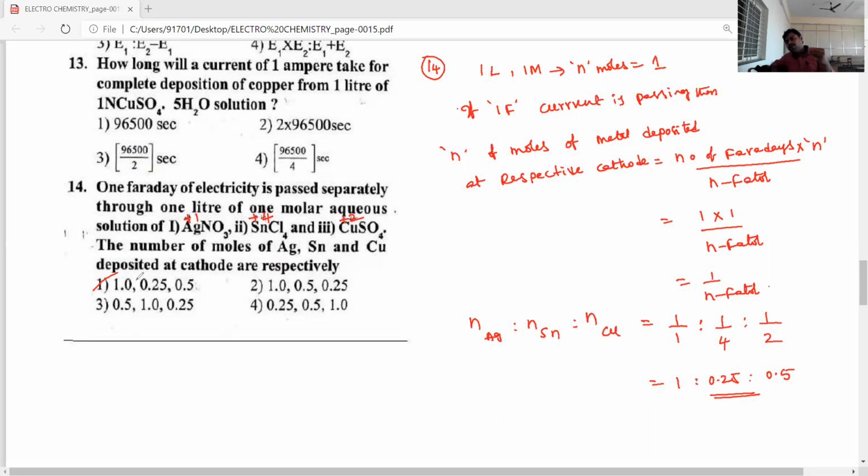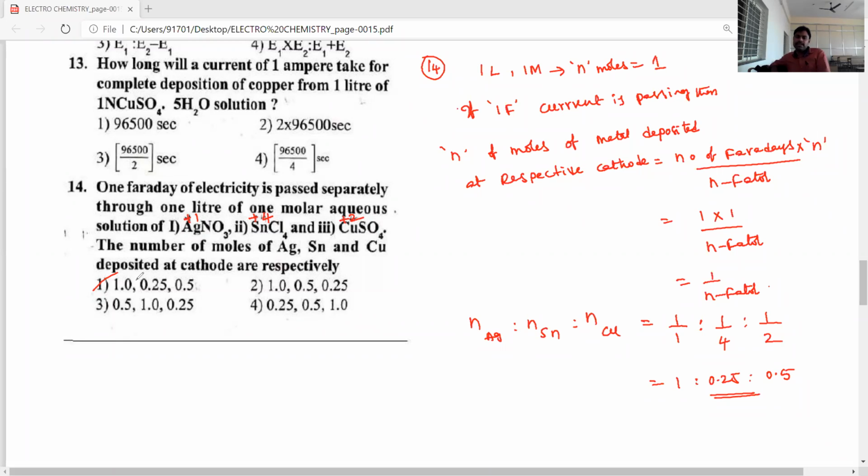Then the number of moles of metal deposited at the electrodes is equal to number of Faradays into number of moles of electrolyte by n factor. Here 1 Faraday and 1 mole is present, 1 by n factor. So the number of moles of silver is to tin is to copper is 1 is to 0.25 is to 0.5.